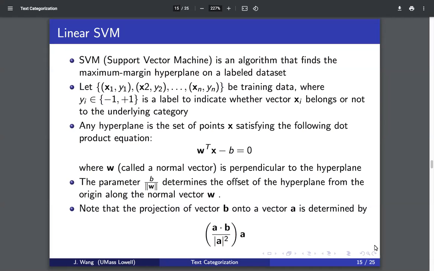So first of all, why do we call it support vector machine? This name has two things we need to explain. One is support vector, the other one is machine. Machine here is just an algorithm, a step-by-step mechanism. Since there is no electronics or mechanics involved, we call it machine.